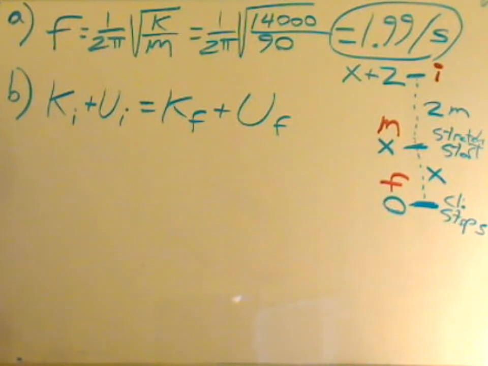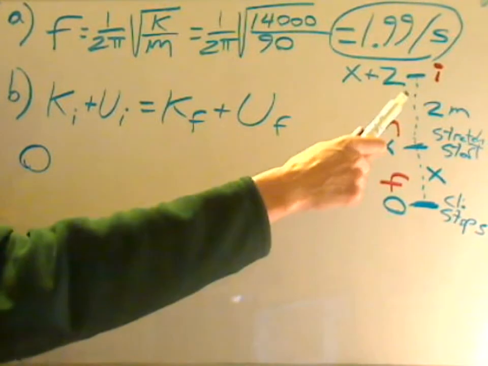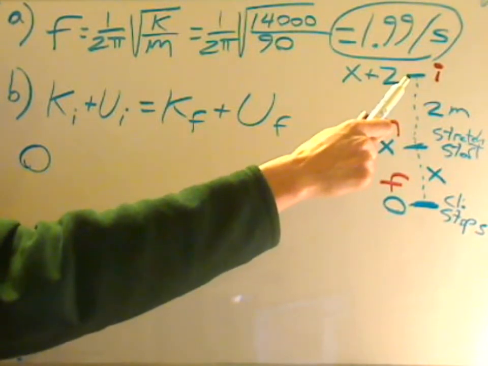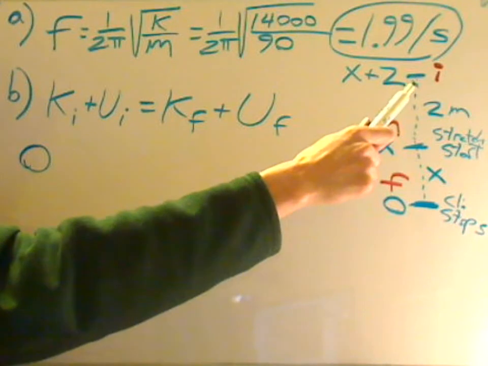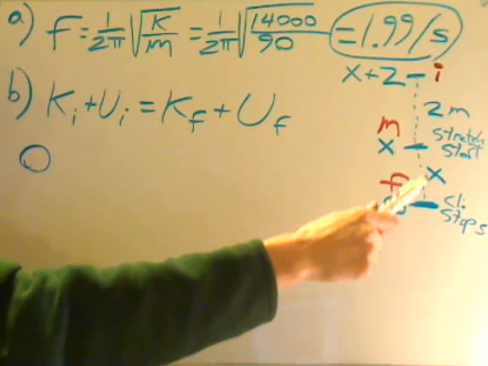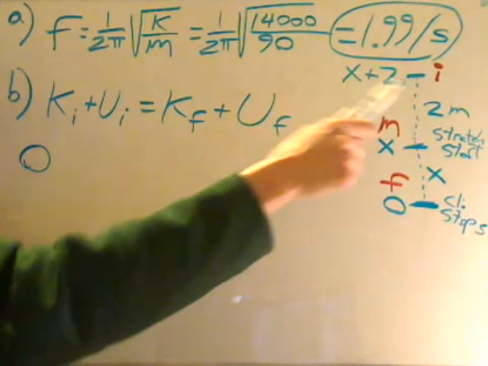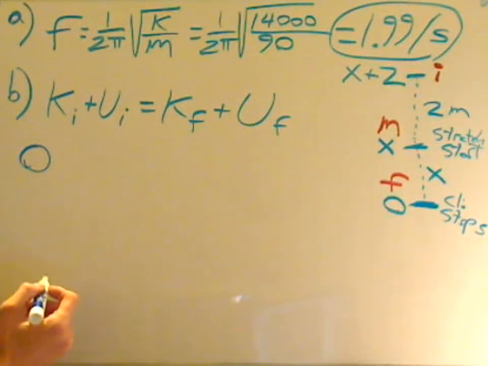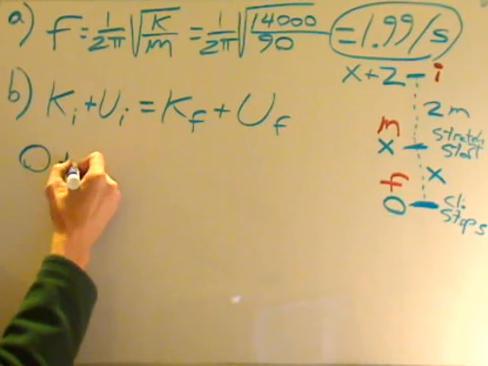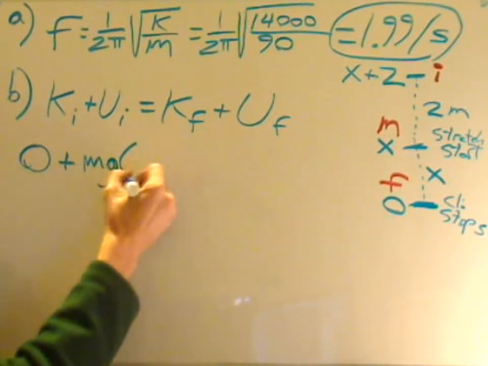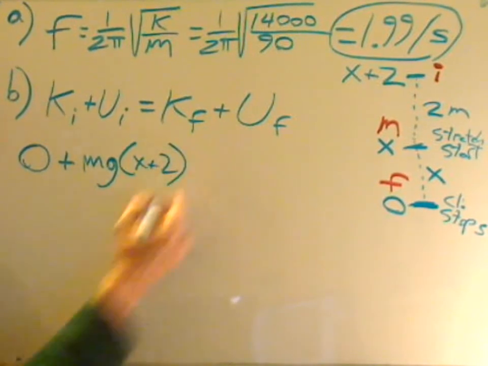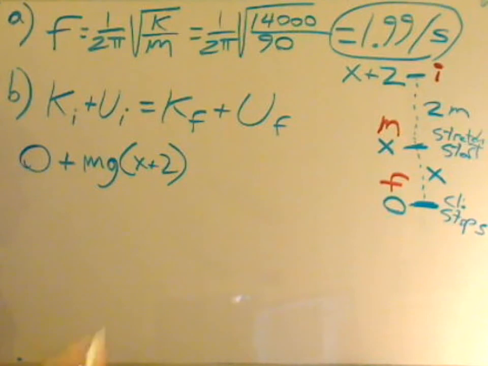Okay, so initial kinetic energy is 0. Now what's our initial potential energy? Well, the rope has no role here. The rope only has a role when it's stretching. So here the initial potential energy is entirely gravitational potential energy. So that's mg times x plus 2, because that's our height, x plus 2.